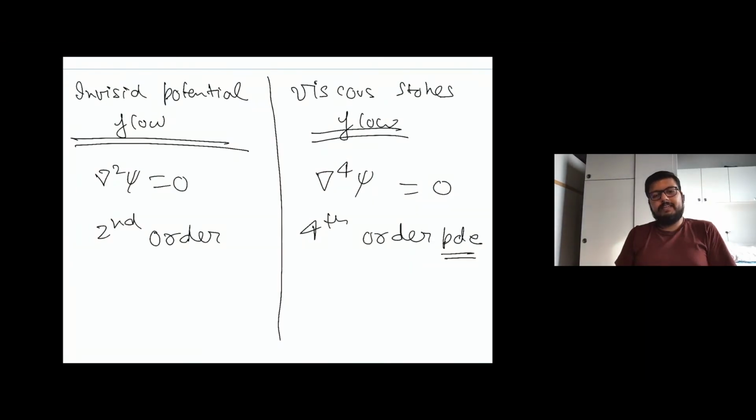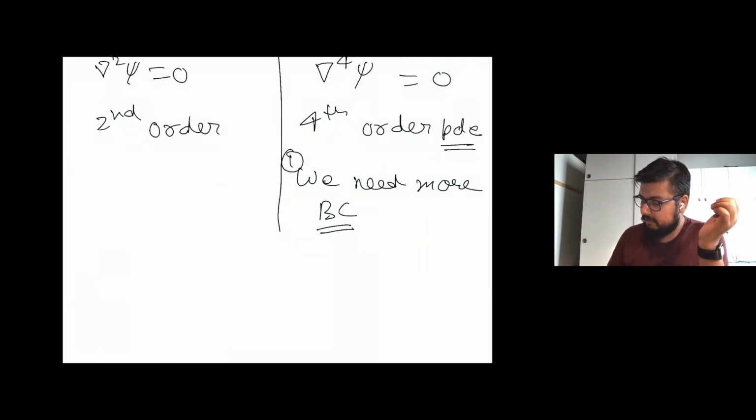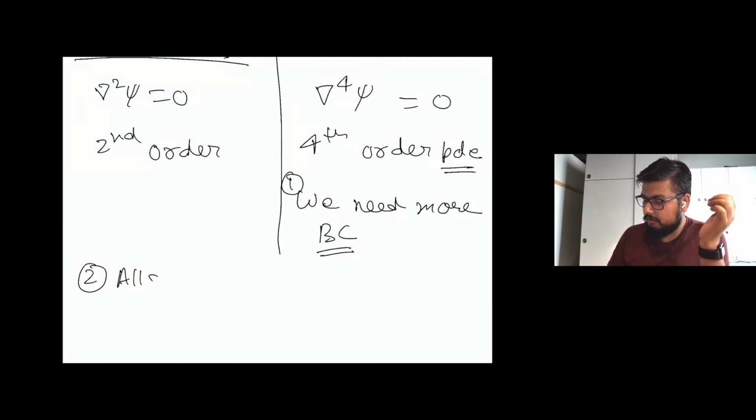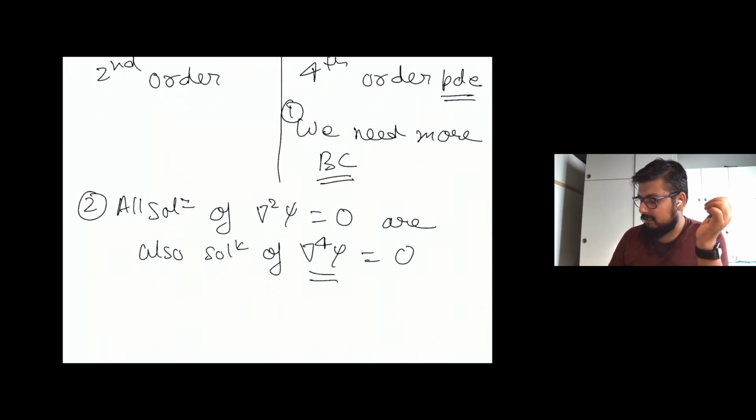So one thing is very clear from this comparison, which is that we need more boundary conditions. And then secondly, all solutions of Laplace of psi equal to 0 are also solutions of nabla to the power 4 of psi equals 0, because we can always write the second equation as Laplace of Laplace of psi equal to 0.